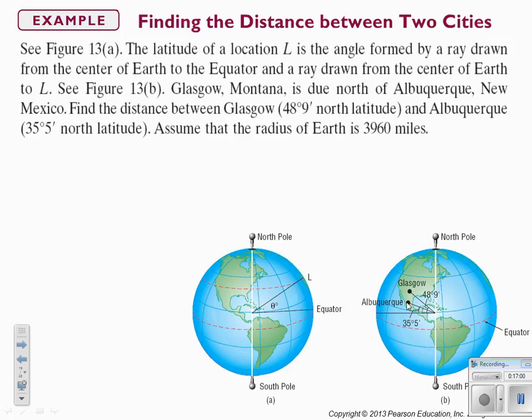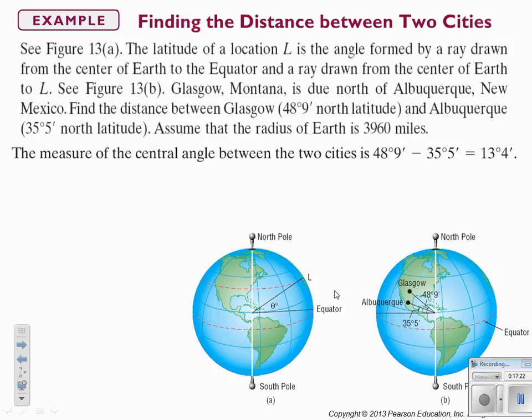So here we're looking at specifics. Find the distance between Glasgow, 48 degrees, 9 minutes north latitude, and Albuquerque, 35 degrees, 5 minutes north latitude. Assume that the Earth's radius is 3,960 miles.